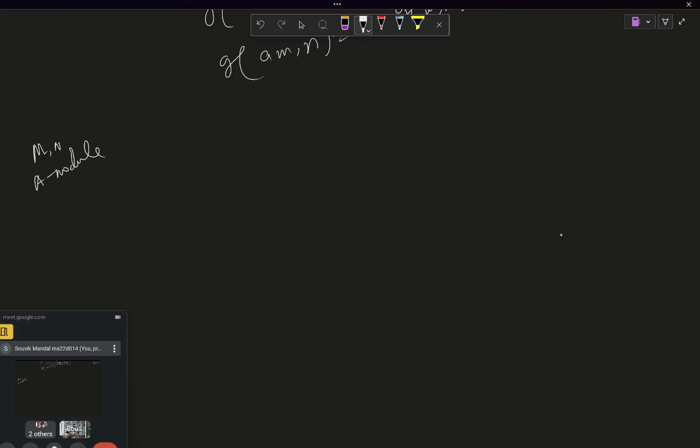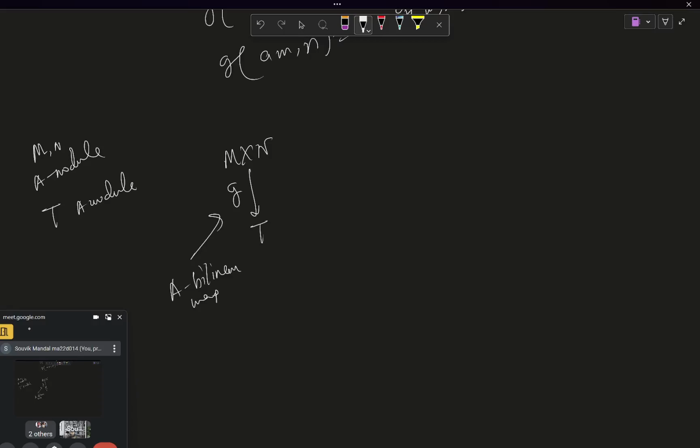Then this is saying there is a pair T, G consisting of an A module T, and some map G from M cross N to T. This map will be an A bilinear map. For the time being, don't bother about what the map is.